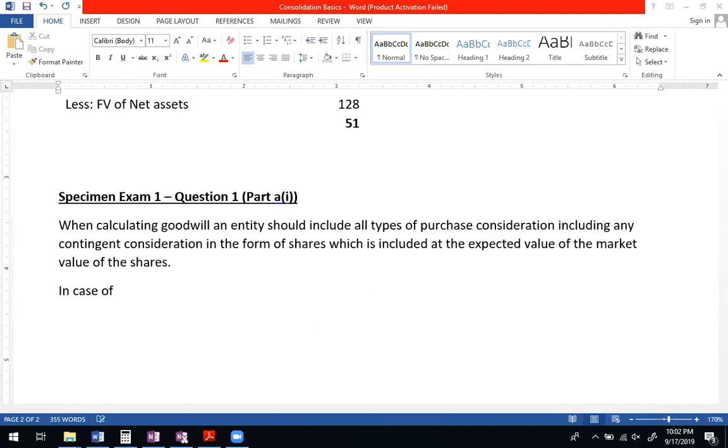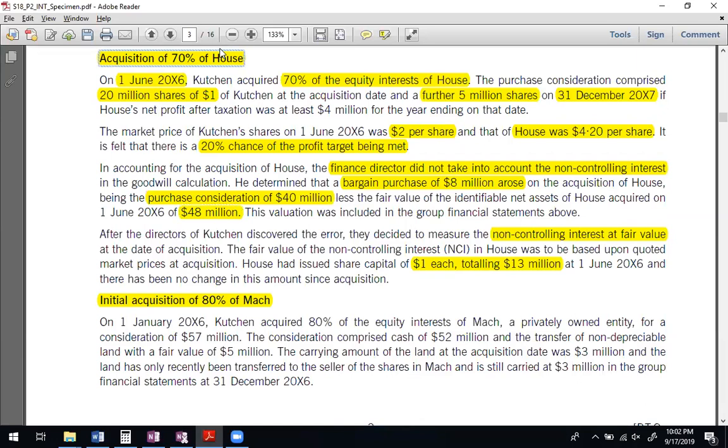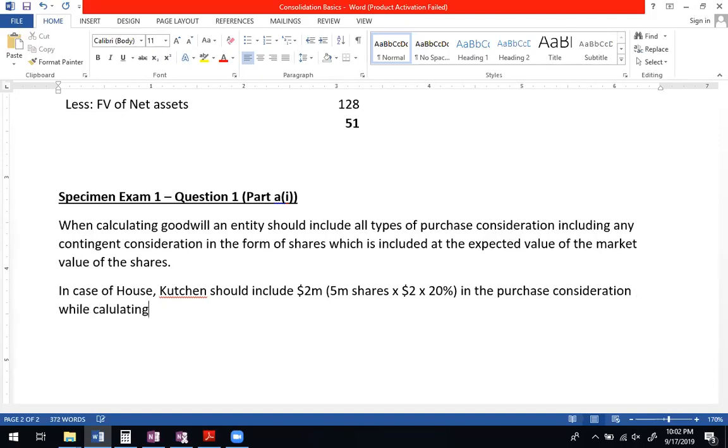In case of Cochin, it should include $2 million, which is 5 million shares into $2 into 20%, in the purchase consideration while calculating goodwill.